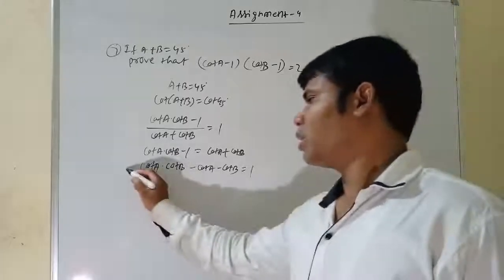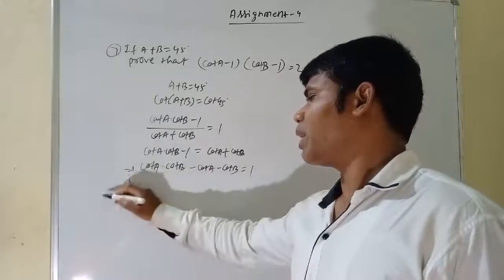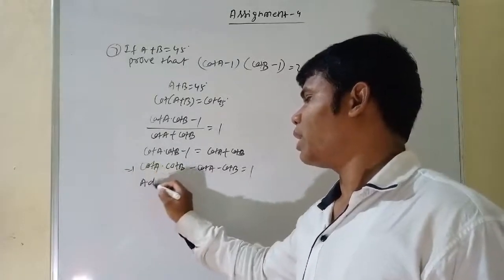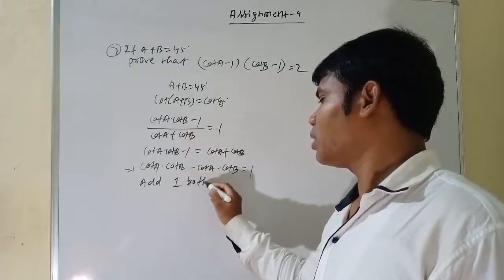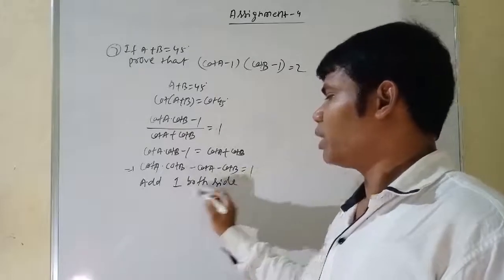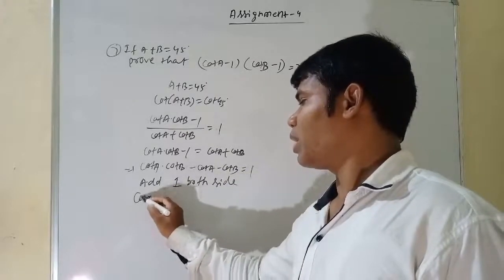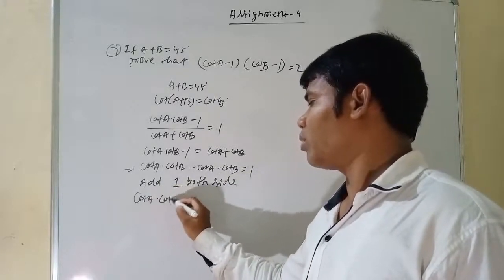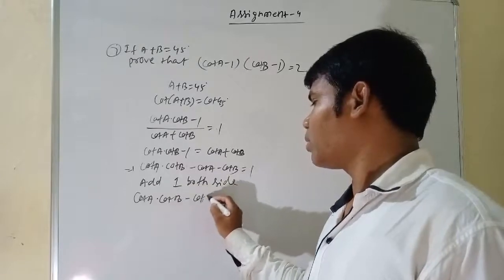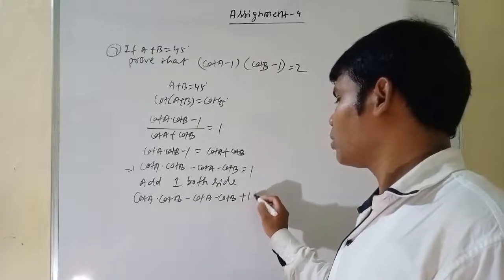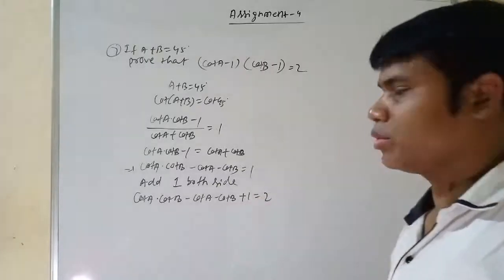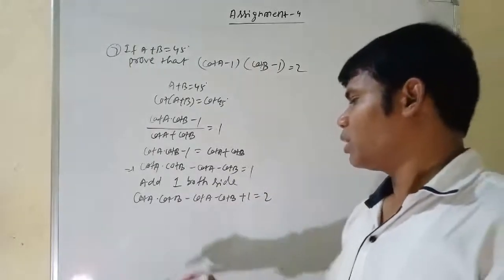Okay, now you add 1 on both sides, you can get cot a into cot b minus cot a minus cot b plus 1 is equal to 1 plus 1, 2.